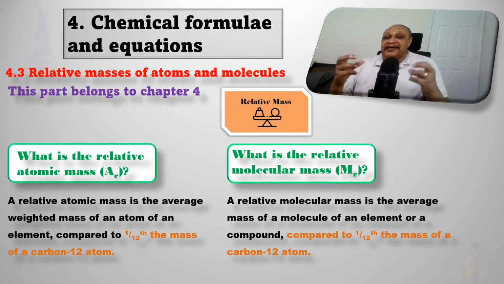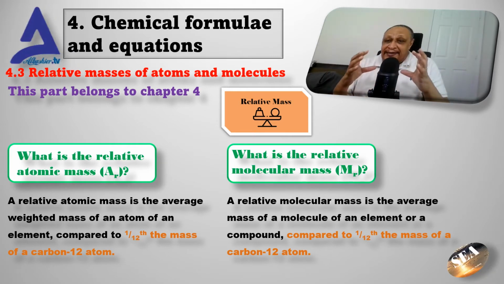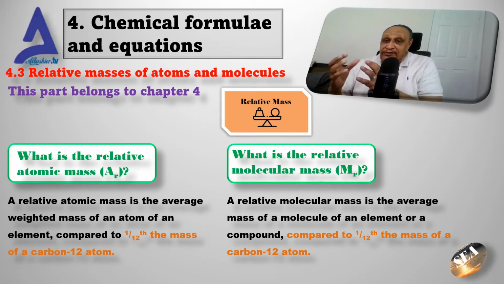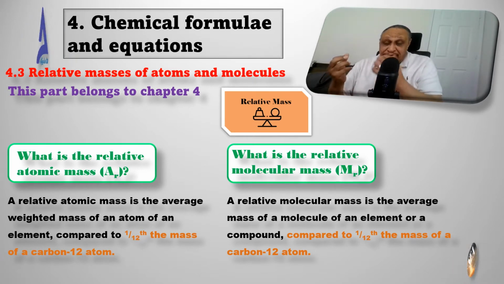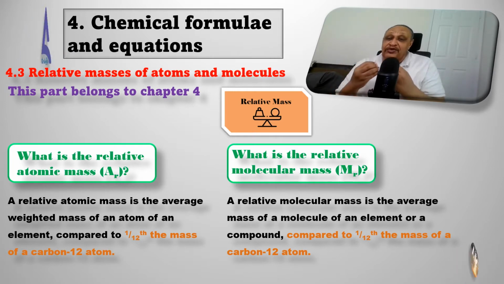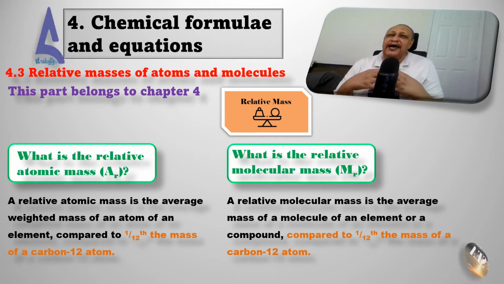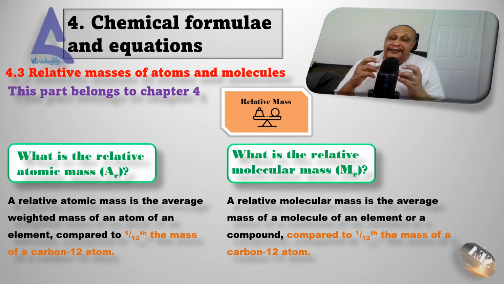Putting in mind that we have the atom or a molecule or even an ionic formula, when you weigh them, they are very tiny. You can't weigh them using the ordinary ways.